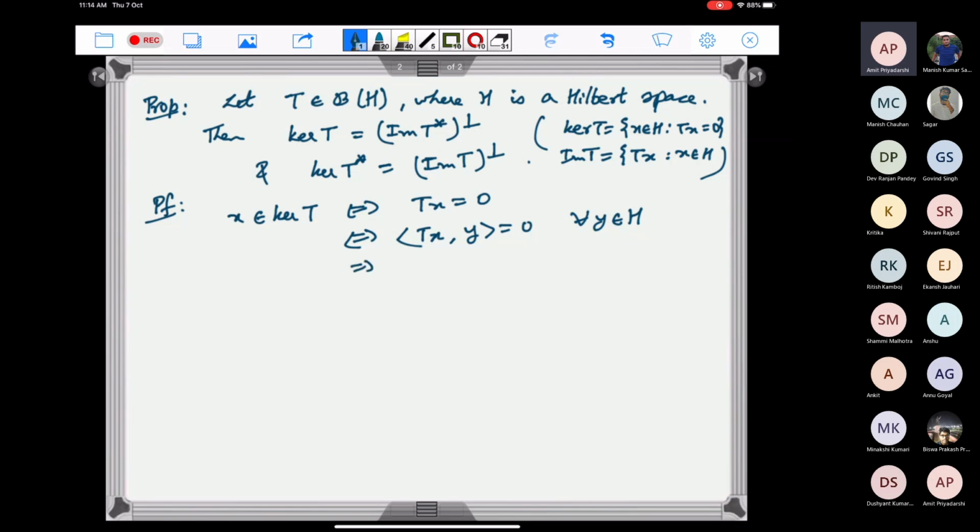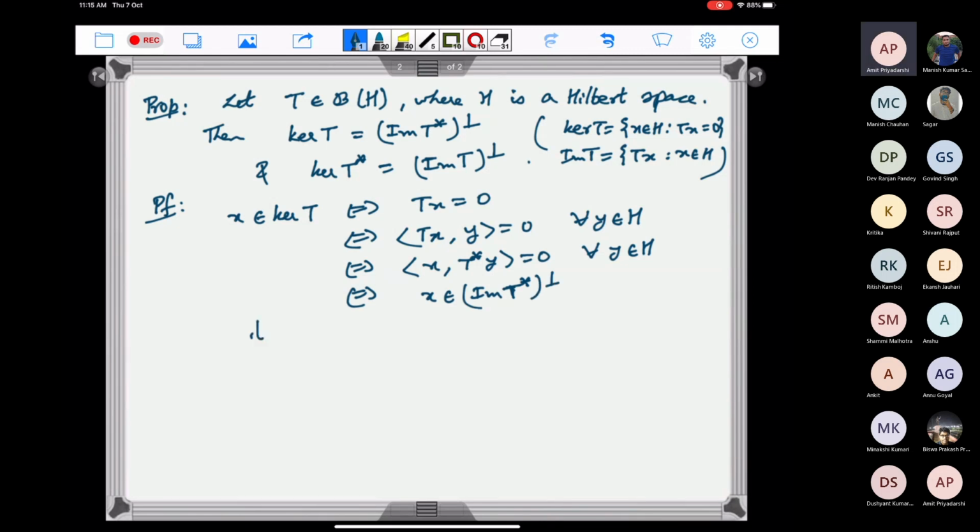Now this can be written as x inner product with T star of y is equal to 0 for all y in H. Now if I take all y in H, then T star y is nothing but image of T star. So this says that x is orthogonal to image of T star. So this is equivalent to x belonging to the orthogonal complement of image of T star.